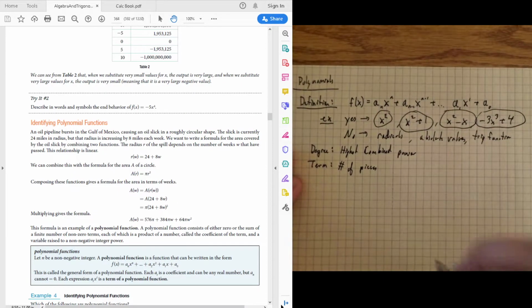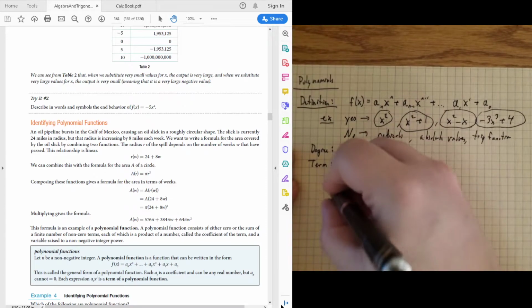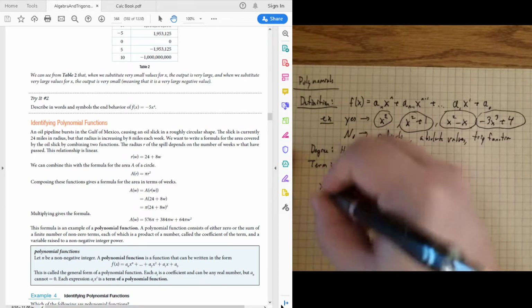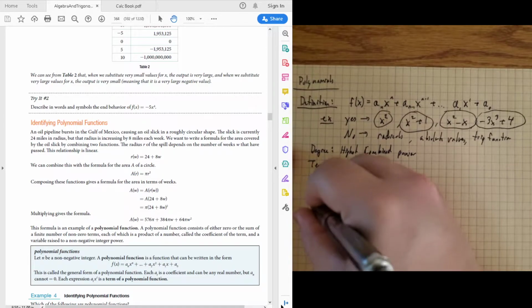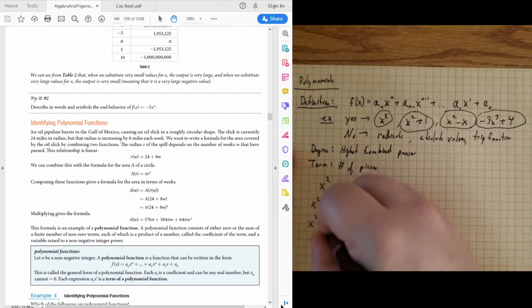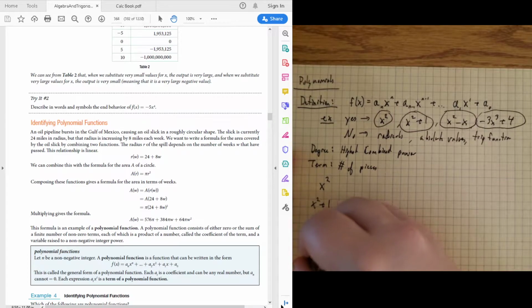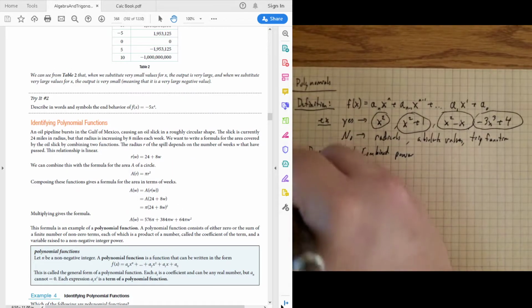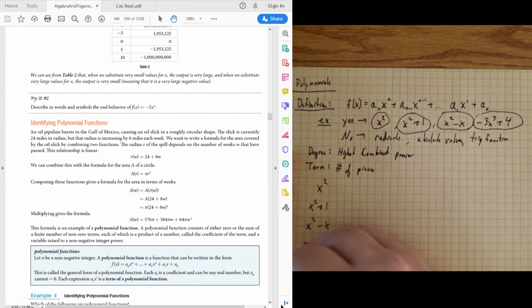So if we look at these examples, let's go ahead and break these examples out. We have x squared. We have x squared plus 1. We have x squared minus x. We have negative 3x to the third plus 4. And I'm going to put a couple more here. Let's go with 6x cubed minus x to the fourth.